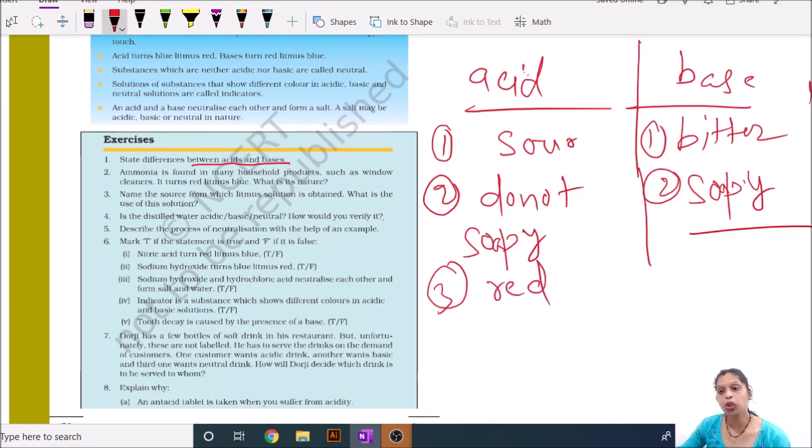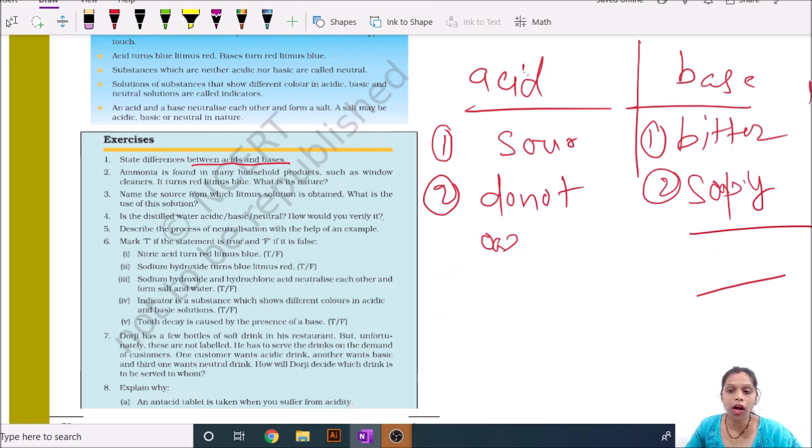And when you take a red litmus paper and put a basic solution on that, it converts into blue color. Then those are the differences between acid and base.